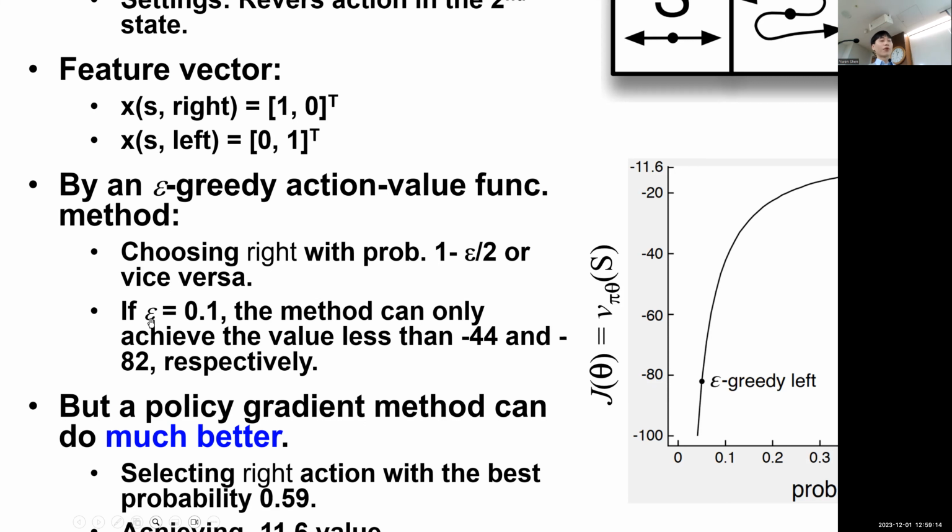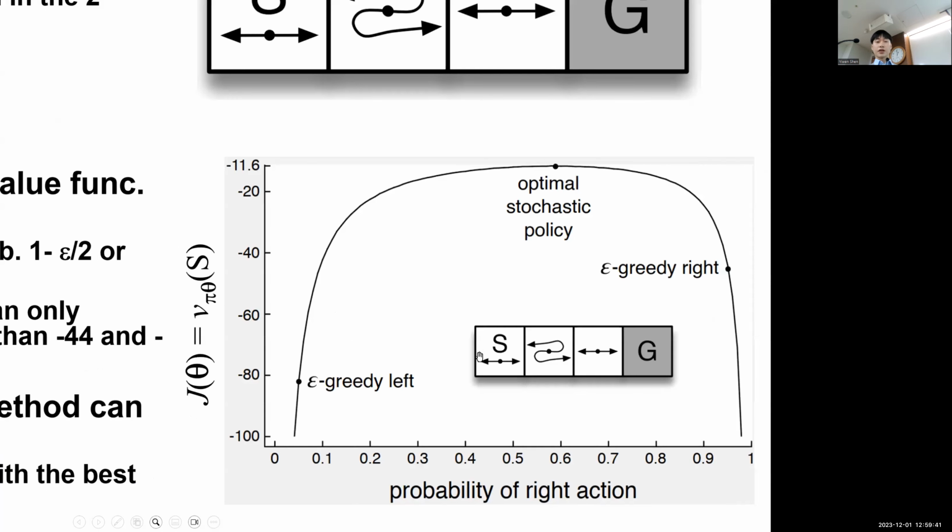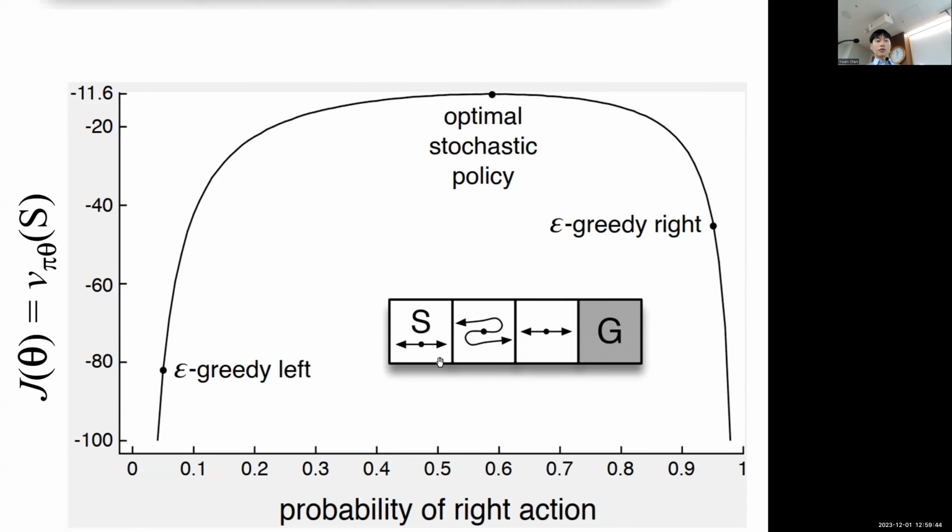Then if we give a specific epsilon, which is 0.1, the method we learned previously can only achieve an action value of less than either -44 or -82. If you look here, for epsilon-greedy left, the x-axis is the probability of a right action, and the y-axis is the state value, the performance measure.